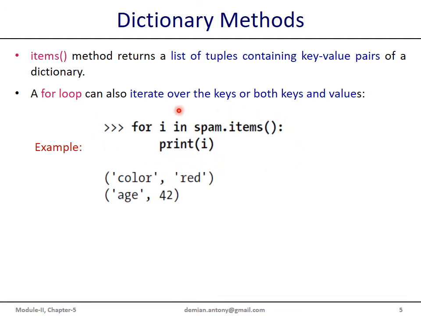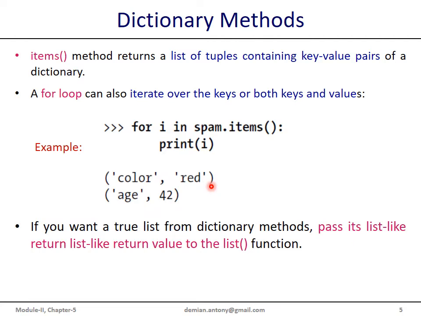To access these key value pairs from the dictionary, we have to use the method called items. This will return a list like structure containing the tuples, and we use a for statement to iterate over these items which are tuples. And this is the effect of the print statement, where print will print each of the items, wherein the item is a tuple containing two elements.